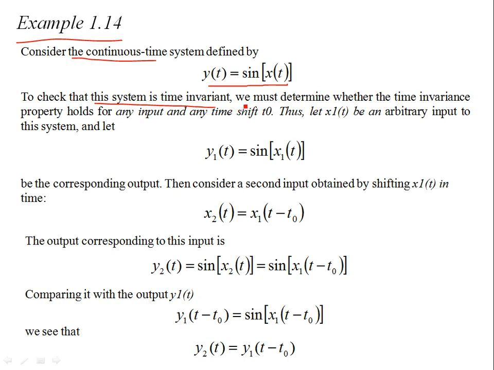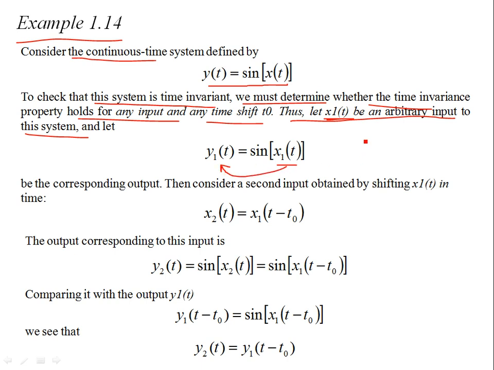We must determine whether the time invariance property holds for any input that is shifted by t0. Thus, let x1(t) be an arbitrary input applied to the system. Whatever output comes in response to x1, we call this y1(t).